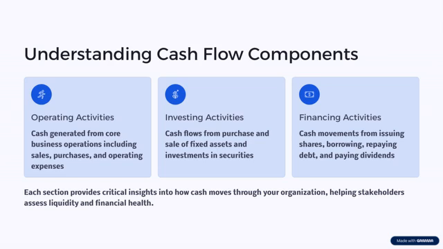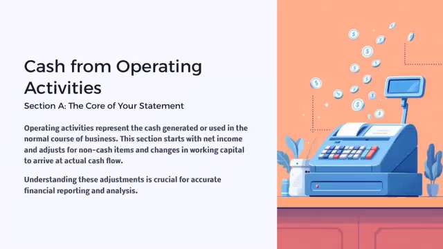Together, these components give a comprehensive picture of your cash flow, helping stakeholders see where cash is coming from and going to. By understanding these elements, you can better evaluate your company's liquidity and financial stability, which is essential for making informed strategic decisions. Understanding these adjustments is crucial for accurate financial reporting and analysis.